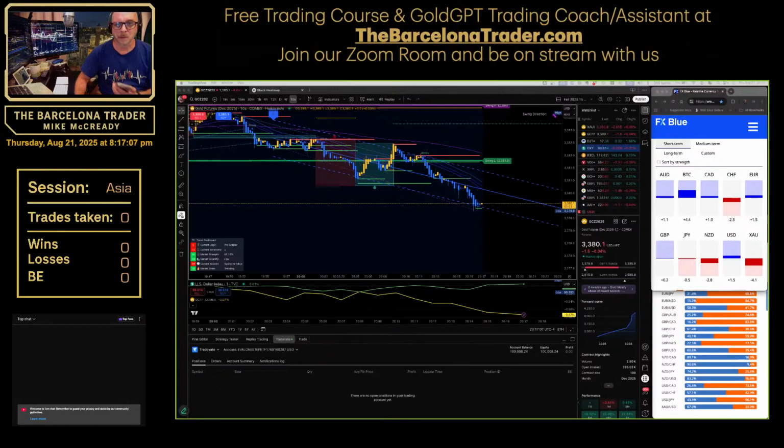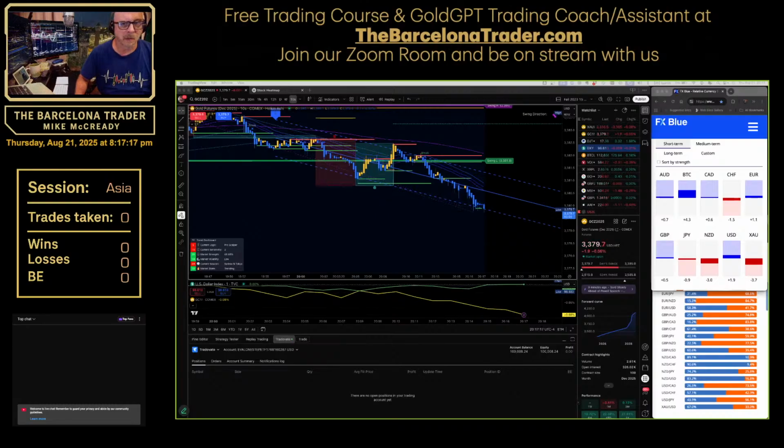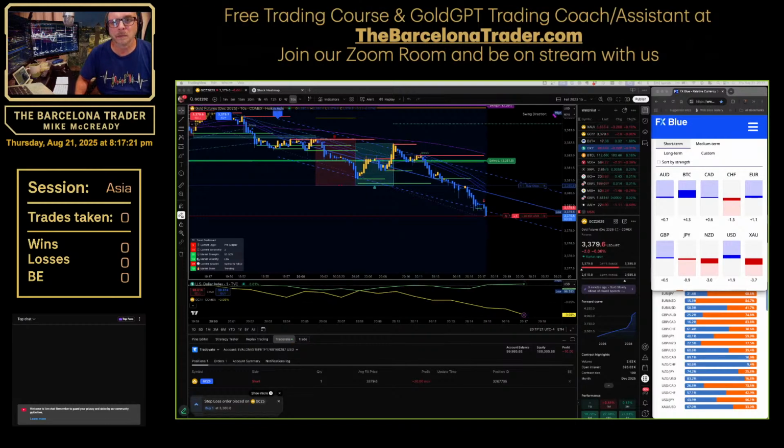Okay, I like this little pause here. Means we might be gathering some strength or some momentum for a further push to the downside. See that we're sitting on, okay, here we go. And away we go.